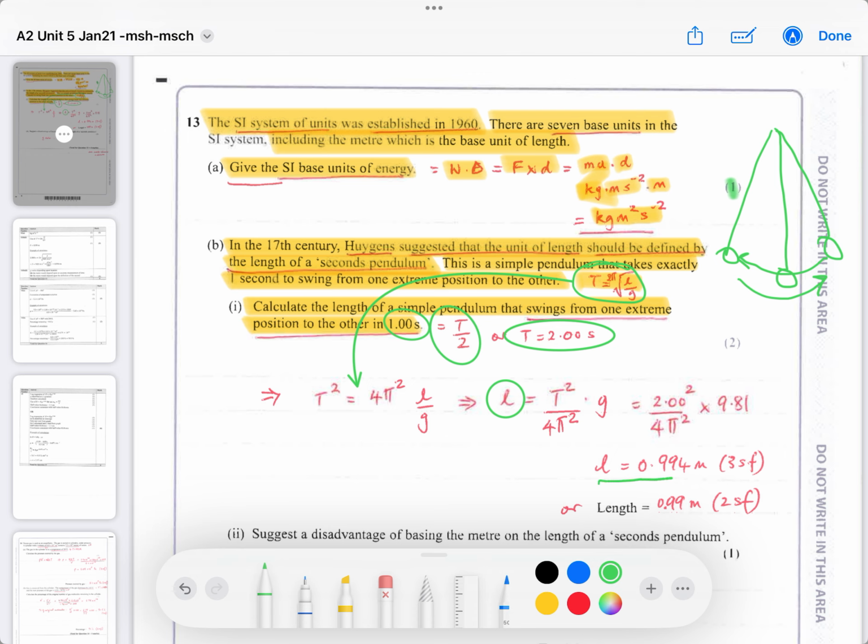To 3 significant figures, it gives you 0.994 meters, or 99.4 centimeters. You could round it to 2 significant figures, because the data isn't given that accurately, or to 3, so either of these will give you the mark.